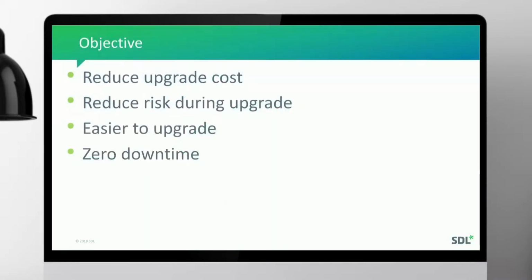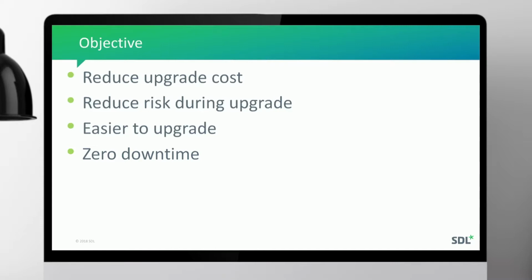So we set out with a few objectives: reduce the upgrade cost, reduce the risk during an upgrade, make it easier to upgrade, and also a zero downtime upgrade. These are the objectives we set for ourselves, and we asked what we can do in order to achieve them.